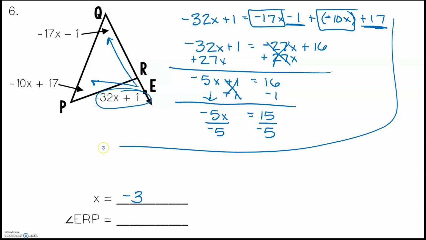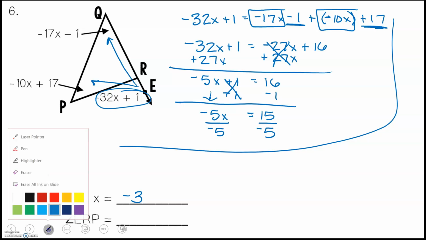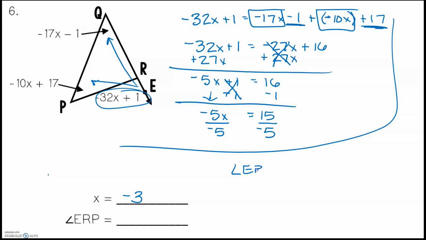I need to find the value of angle ERP. How come you no changey to purple? Okay, ERP, there we go.